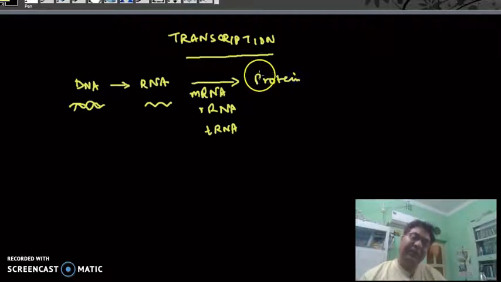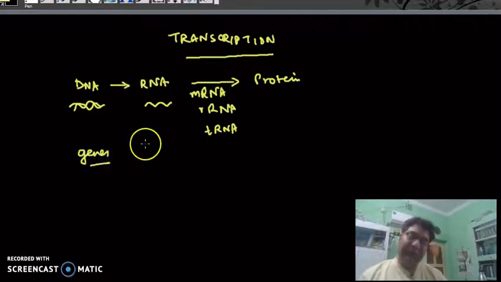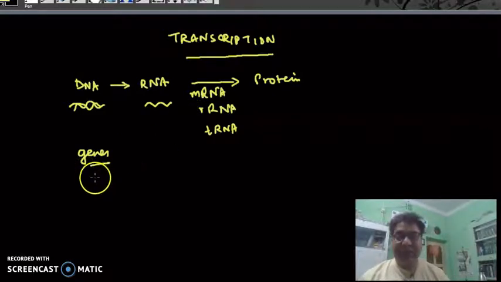Information is being carried by the DNA in the form of genes. The genes are the information that actually determine the character of an organism. So the sequence of DNA present in a DNA, that region of the DNA which synthesizes a functional RNA, is called a gene.